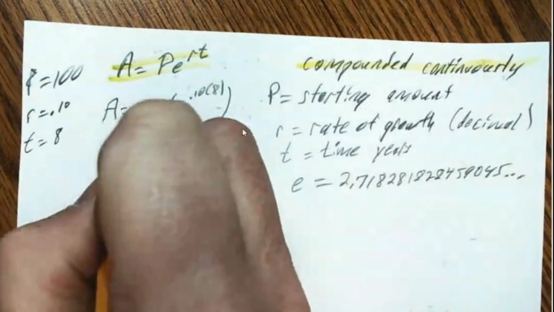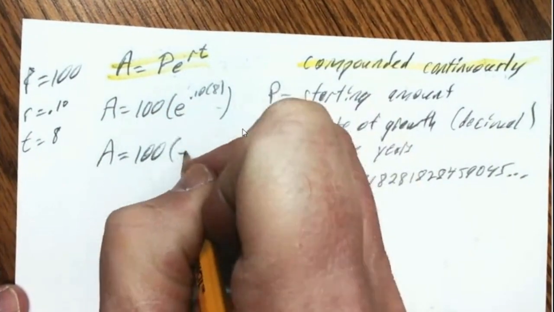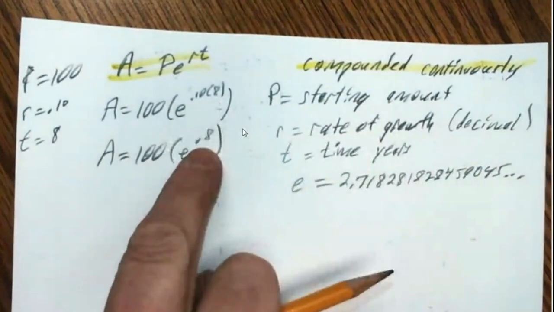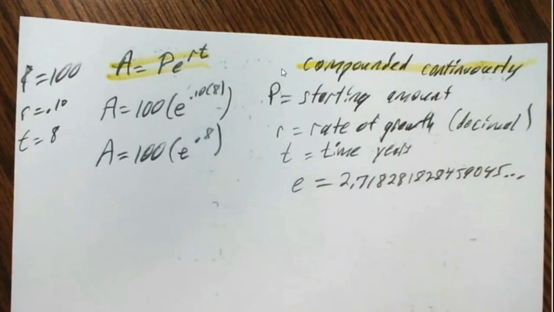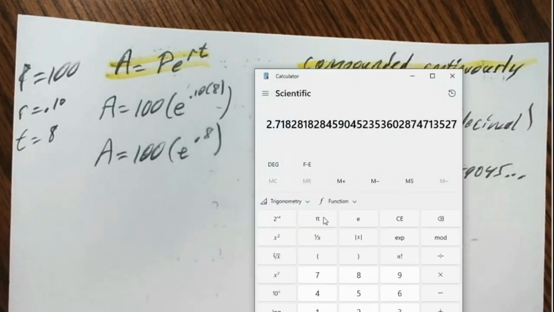So that's A equals 100 times E to the 0.8, since 0.1 times 8 is 0.8. Let's see how much it grows if it just grows 10% per year, or per day or per month or whatever period we're looking at. So 100 times, parentheses, E raised to the power of 0.8.